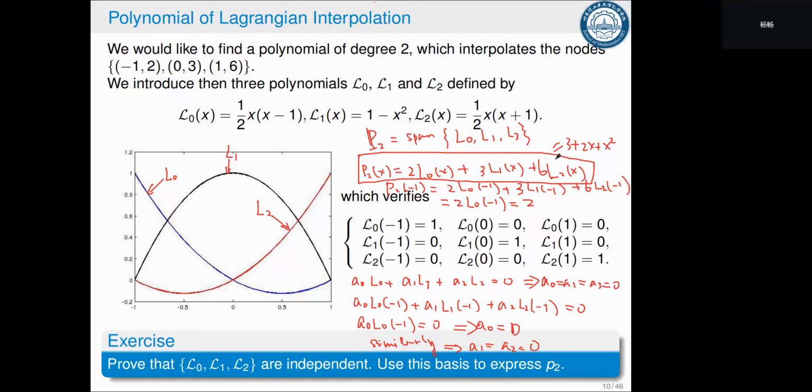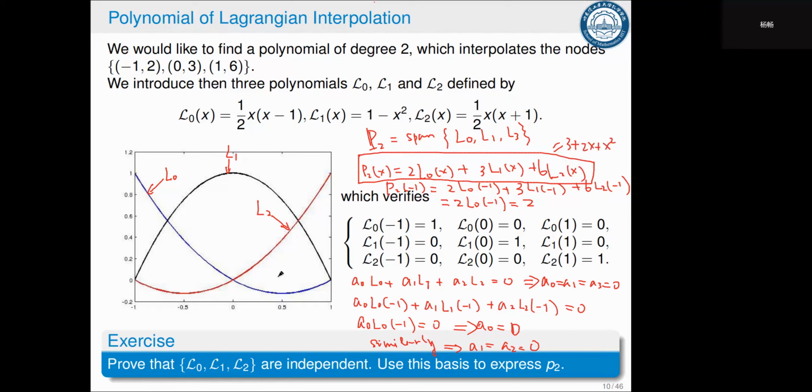So from this slide, you can see we really have a way to define the interpolation condition, and without solving the linear system, we can find it. So in this sense, it is a better way.